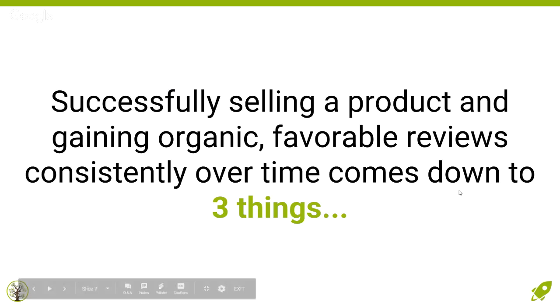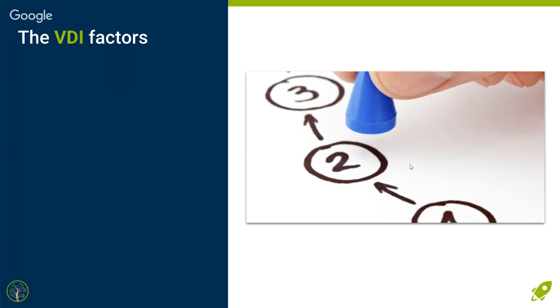So in the end, successfully selling a product and gaining organic, favorable reviews consistently over time comes down to three things. And these are the VDI factors. This is the acronym we used, but it just comes down to these three factors. Number one is visibility. The first two you'll be familiar with already.